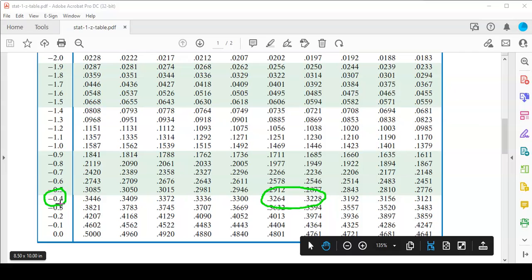So negative 0.4, and this is the 0, 1, 2, 3, 4, 5 column, and this is the 6 column, 7, 8, 9. All right, somewhere in the middle, 0.3264, 0.3228. Again, pretty close. So negative 0.455.